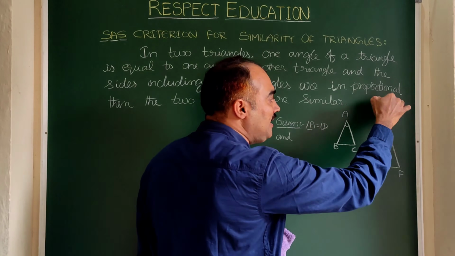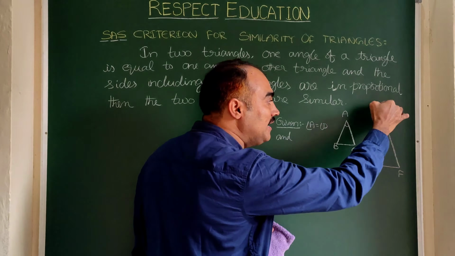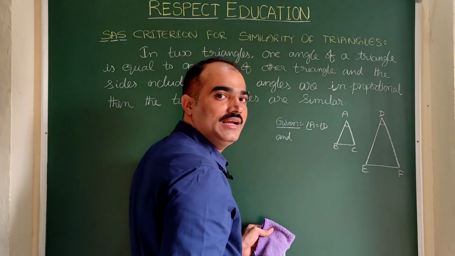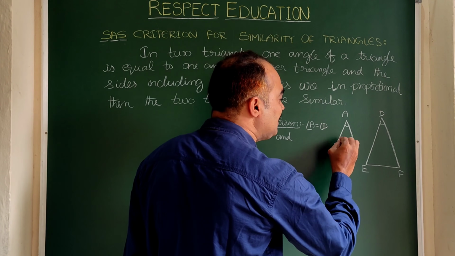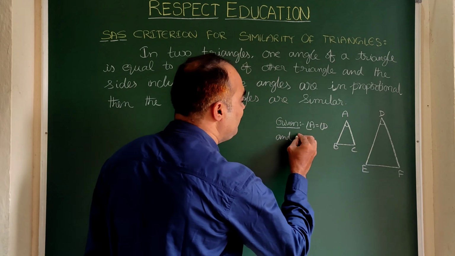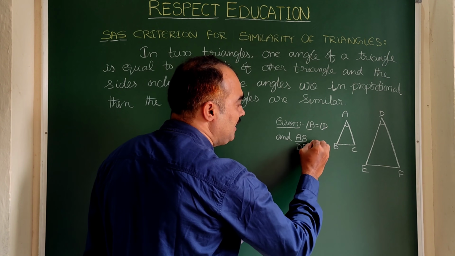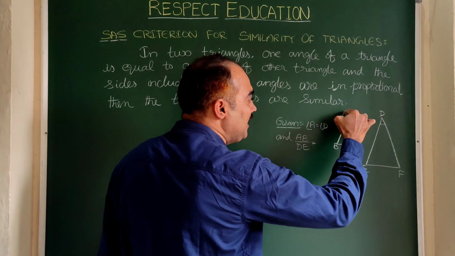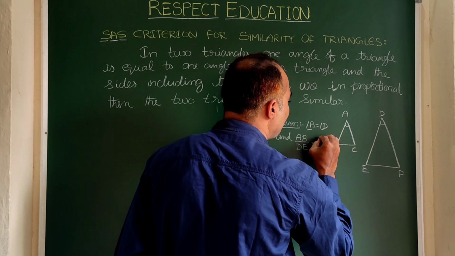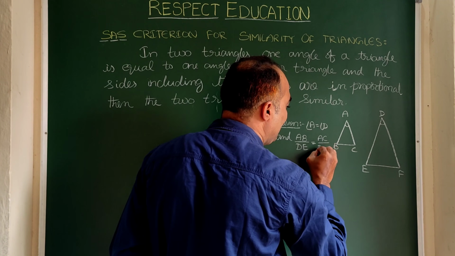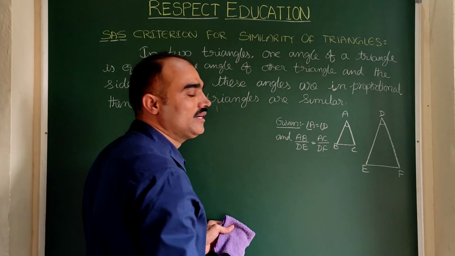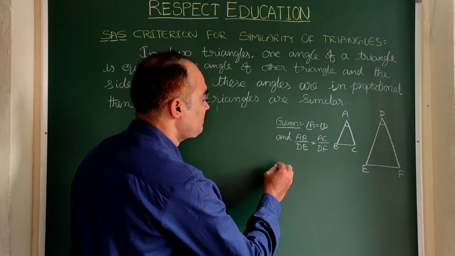DE and DF, but not EF. Here the corresponding sides: AB by DE is equal to AC by DF. This is what is given.